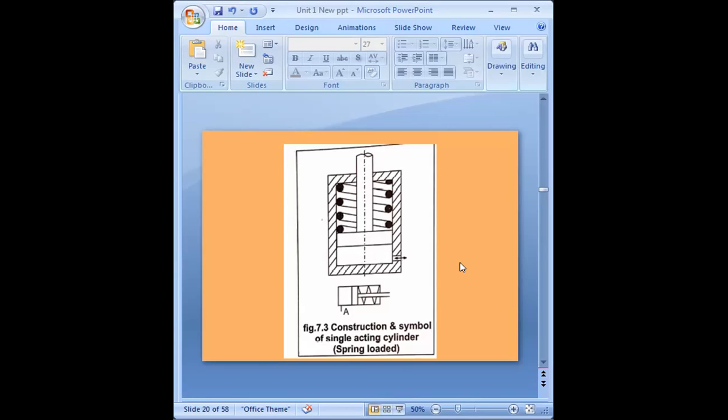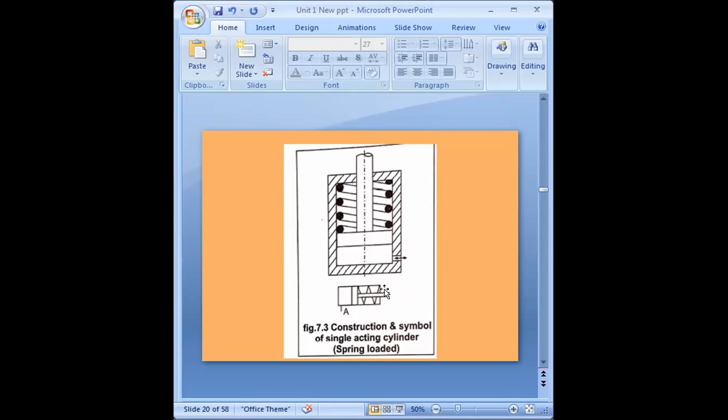You can take fluid inside through that port, as well as take that fluid out through the same port. So this is a single acting cylinder with single piston rod, a spring loaded single acting cylinder. Getting it?